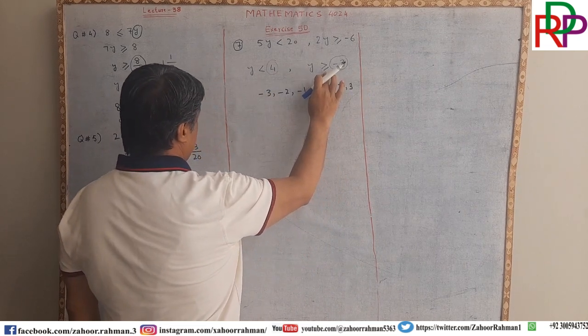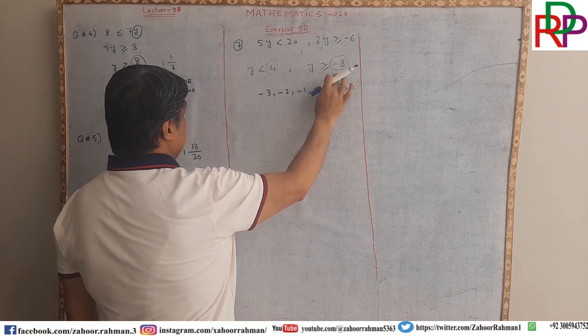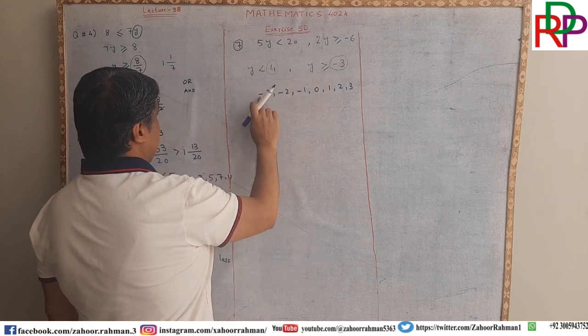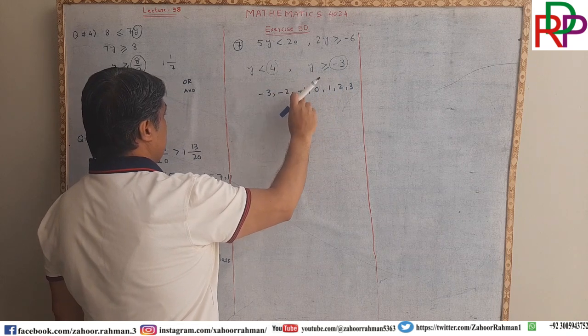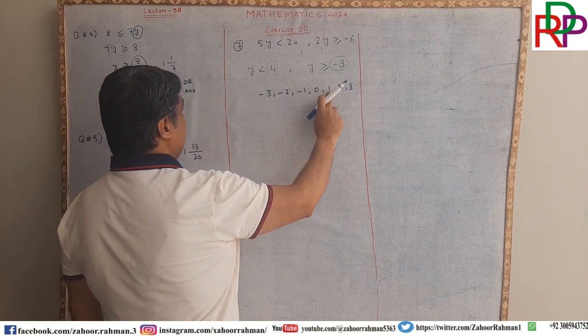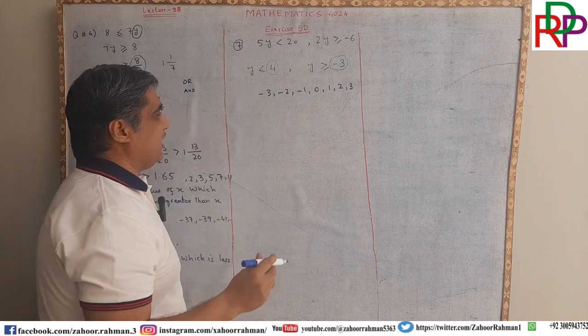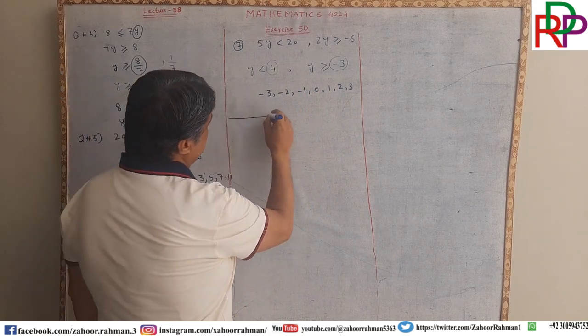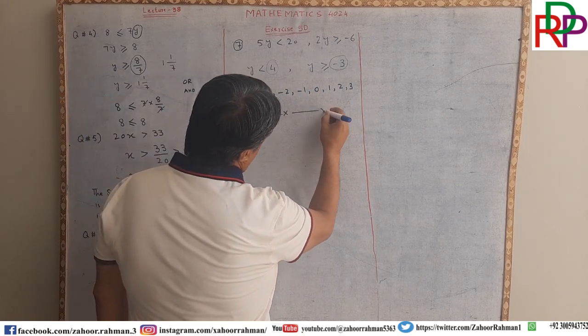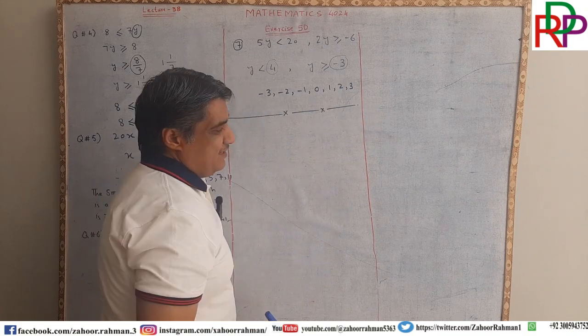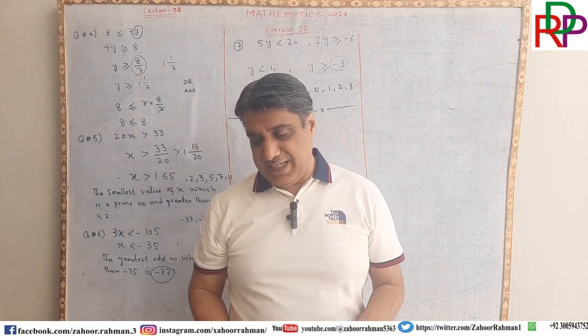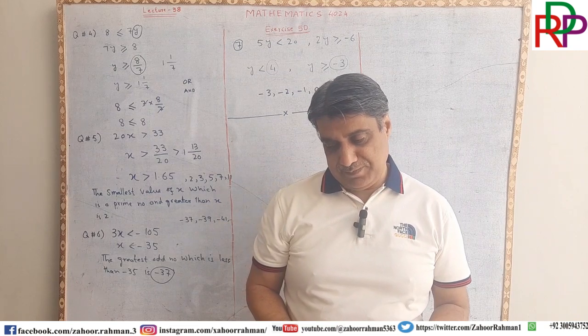Minus 3 is included, since it is greater than or equal to minus 3. So minus 3, minus 2, minus 1, 0, 1, 2 and 3 are the values which conclude this exercise as well as the whole chapter.